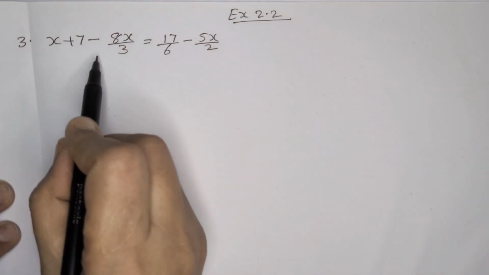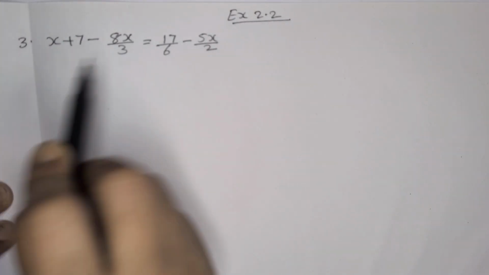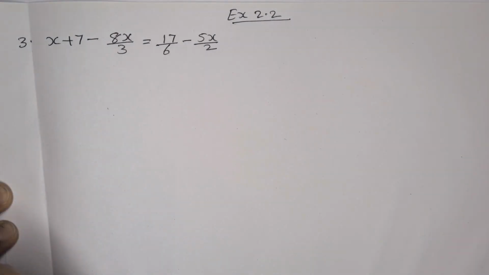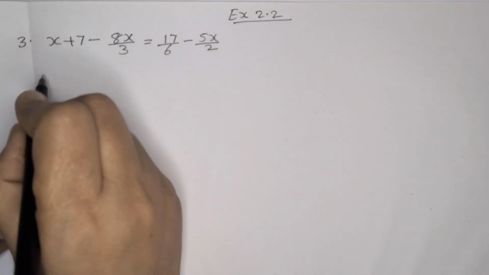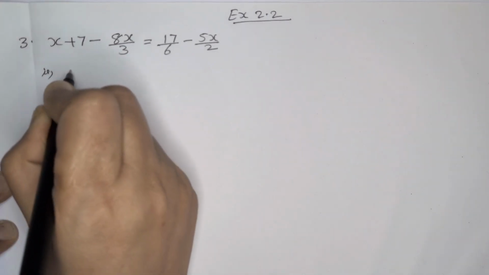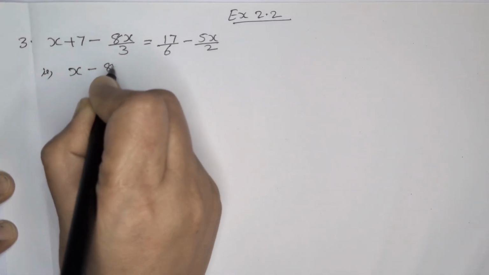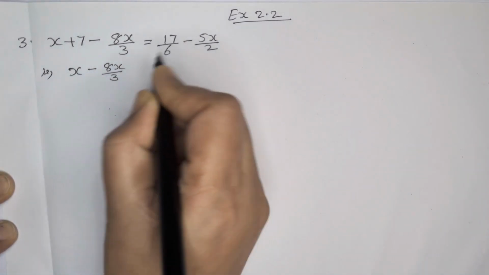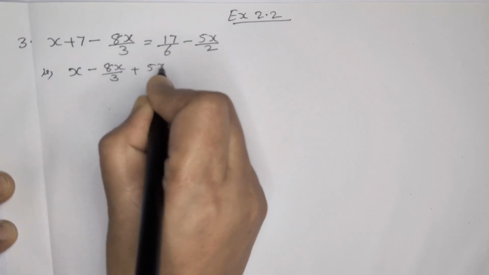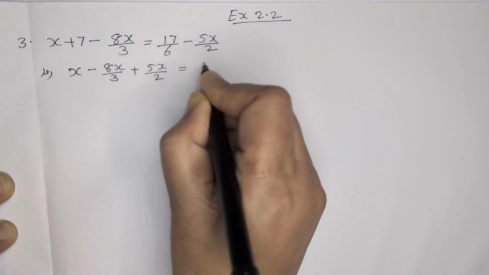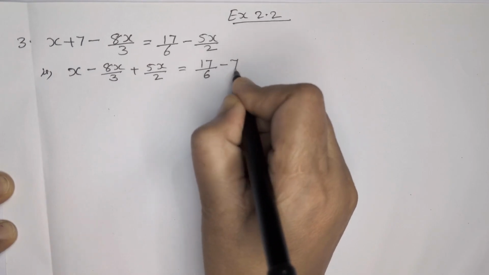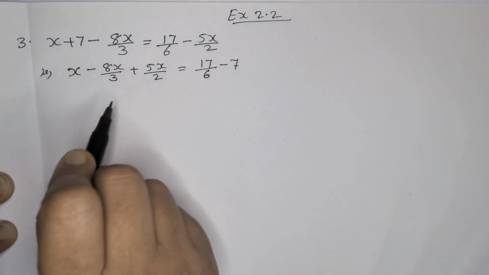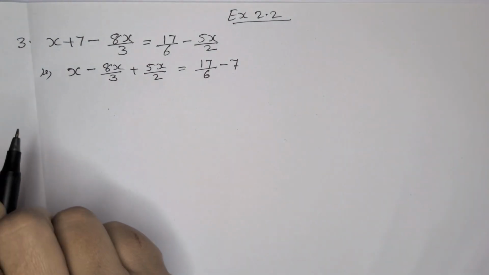x plus 7 minus 8x by 3 is equal to 17 by 6 minus 5x by 2. We can keep all the variable terms on the left side. That is x minus 8x by 3 plus 5x by 2 is equal to 17 by 6 minus 7. Here 3 and 2 is there in the denominator.